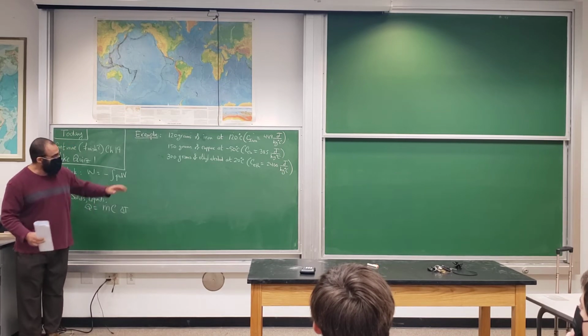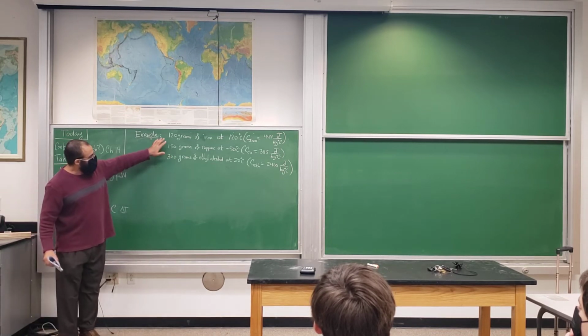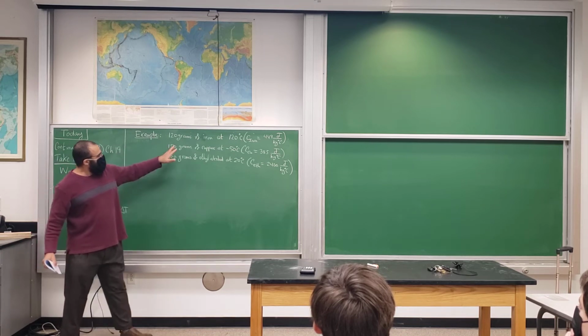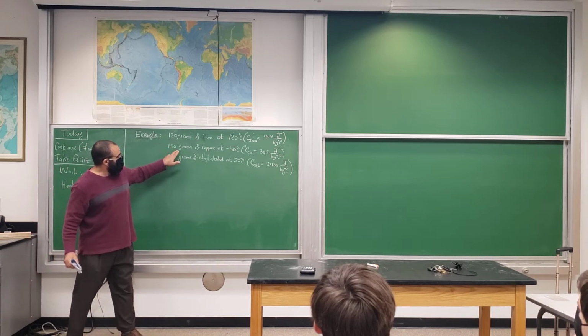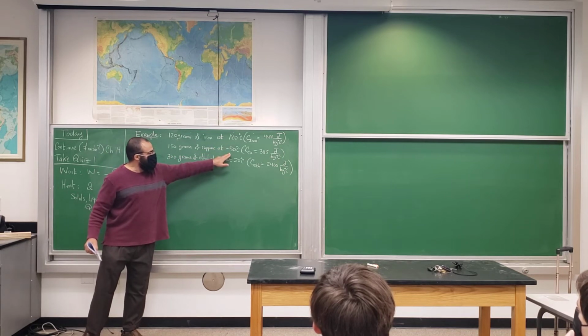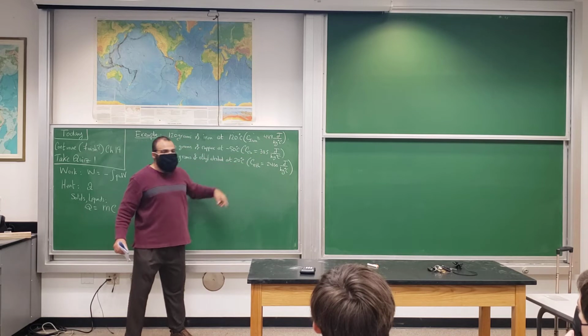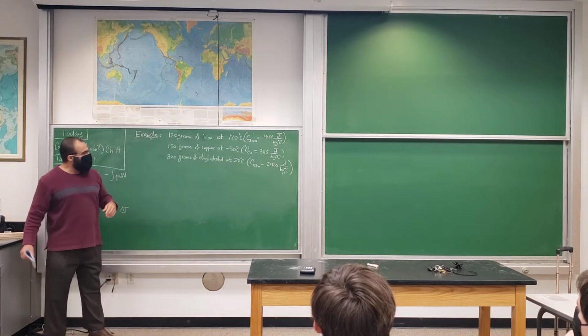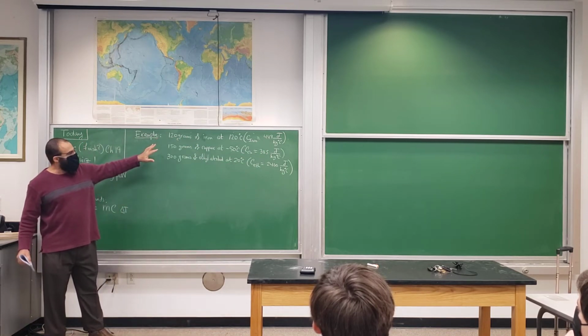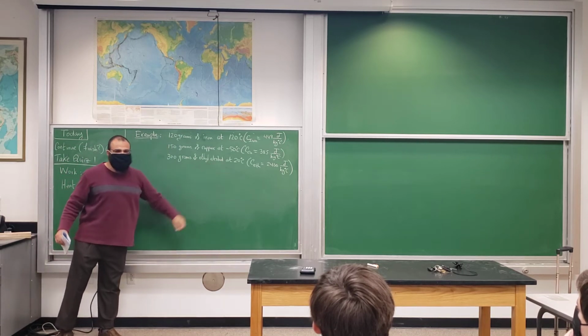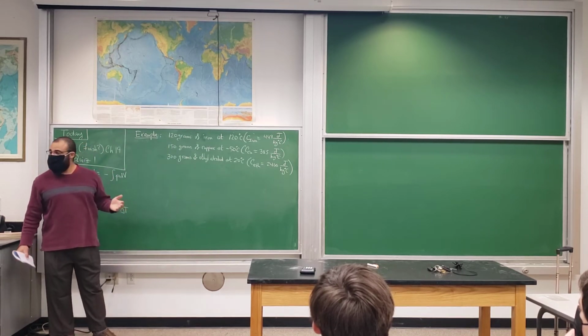Well, it turns out you can take a guess. From these numbers, you've got 120 grams and 150 grams, this one is at 120, this one at negative 50. Their specific heats are not that far apart. So the temperature is probably going to be somewhere between these and the 20. So I don't think it's going to boil.